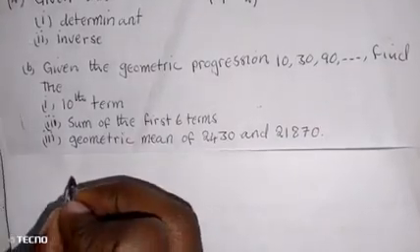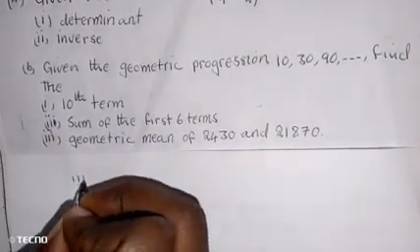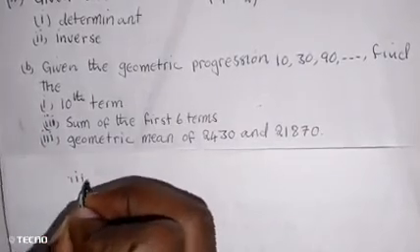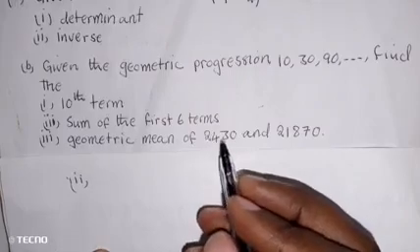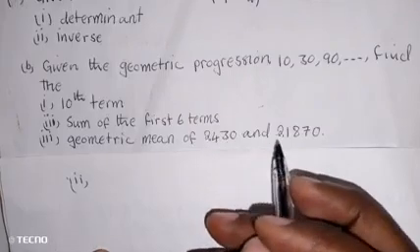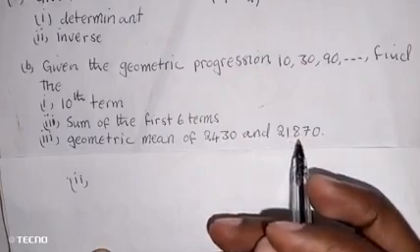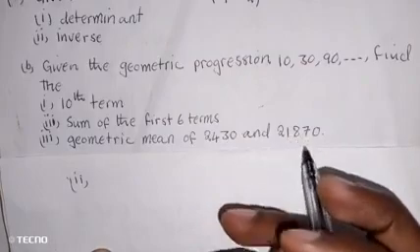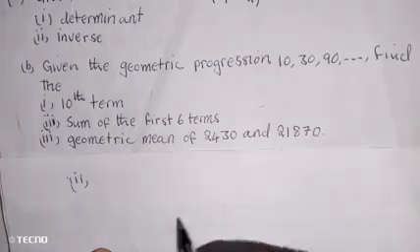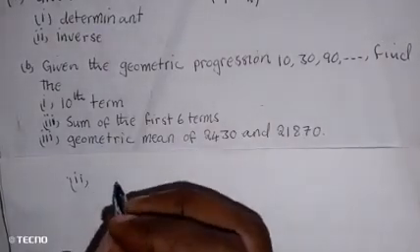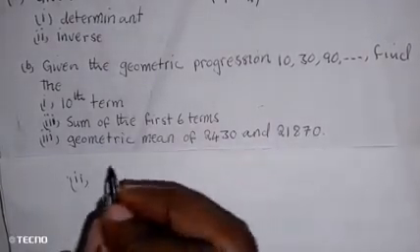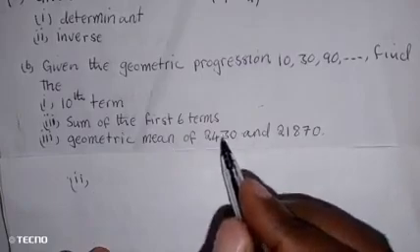Now this one here, we want to calculate the geometric mean of 2430 and 21870. This is what they want us to calculate. Now, it's the mean, which means there's a number in between.